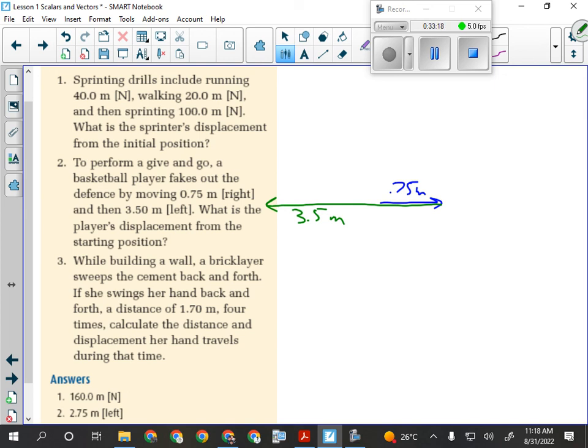Oh, yeah. Because this was their initial position. That initial position isn't 3.5 meters away. It's 3.5 meters from this spot. So we go back to that. They went to the right 0.75 meters plus negative 3.5 meters. If I'm talking about what happened on that trip and assigning positive and negative to the vectors, I end up with negative 2.75 meters or 2.75 meters to the left. Everybody all right with that?